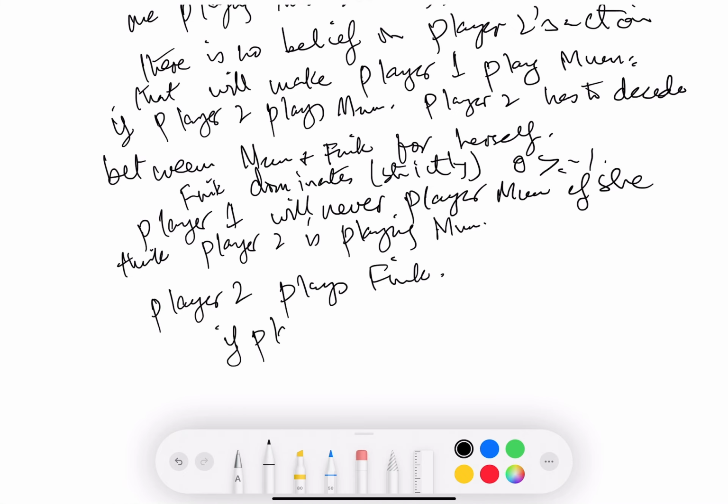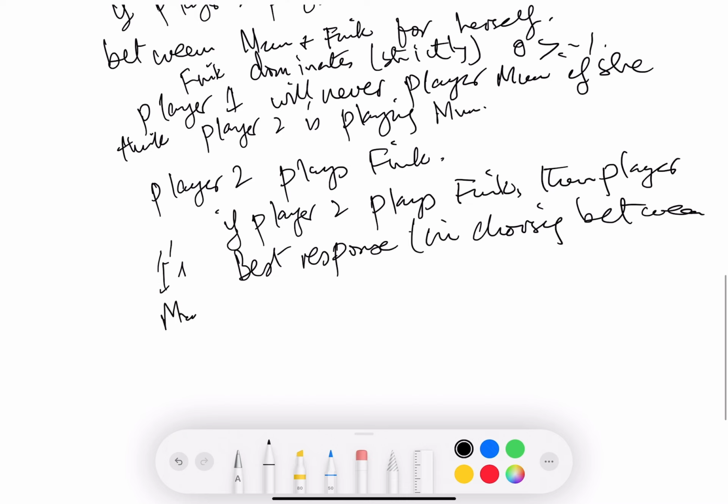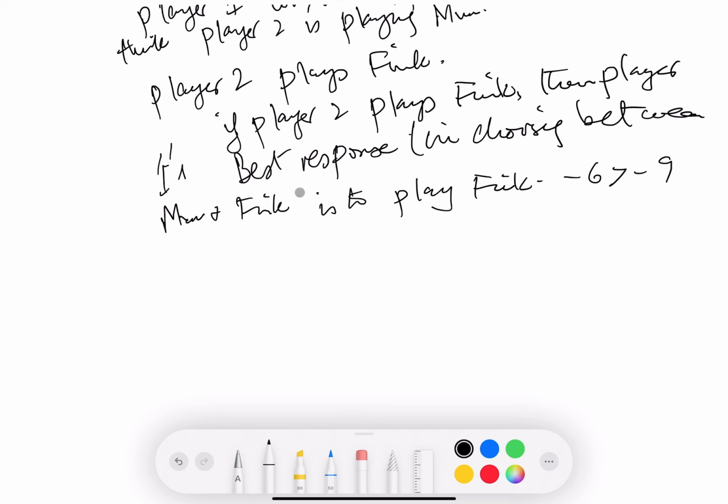If player 2 plays Fink, then player 1's best response in choosing between mum and Fink is to play Fink. Strictly, right? -6 is strictly greater than -9. It's not greater than or equal to.